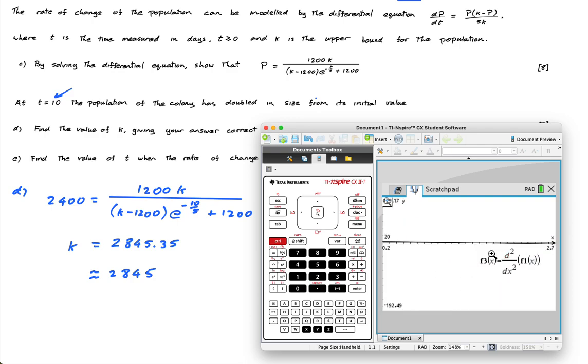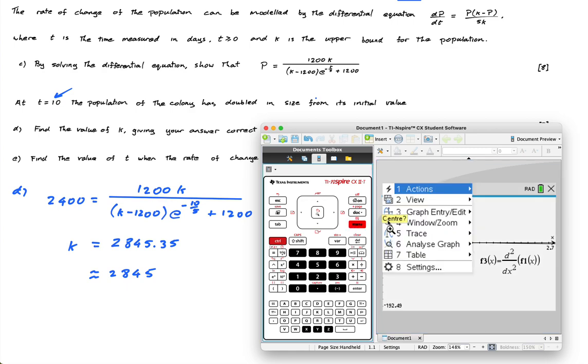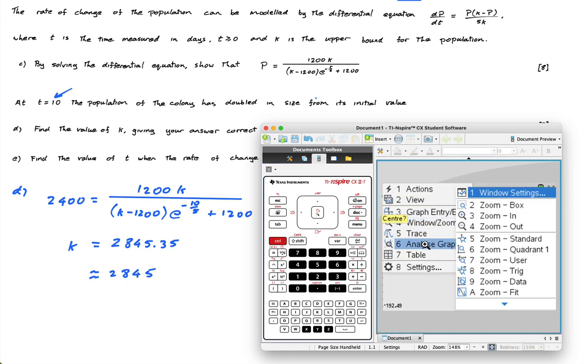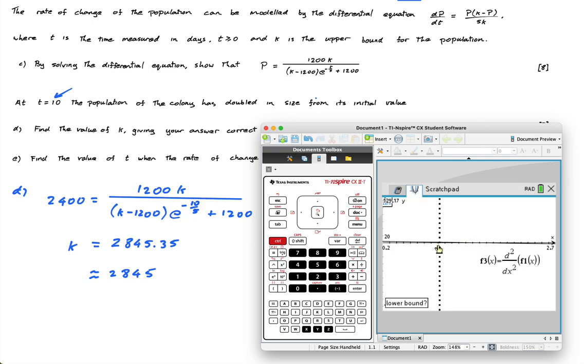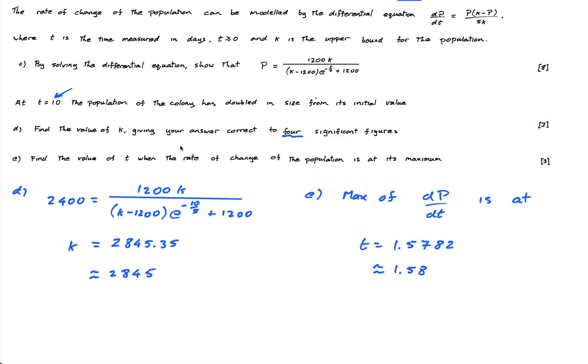But you'll see where the second derivative is 0, and I'll do analyze graph, zero, lower bound, upper bound, and it's the same, 1.5782. So where the second derivative is 0 is where the first derivative is at a max, which is where the rate of change of the population is at a maximum.